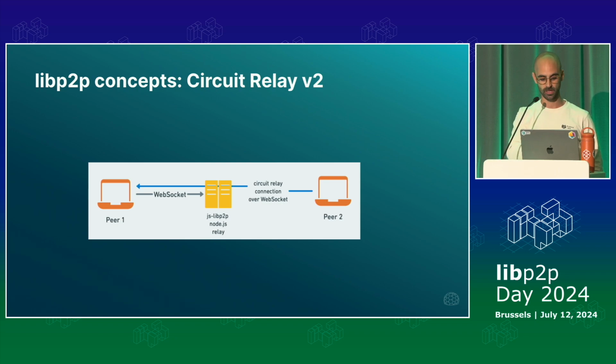So that means peer 1 connected to this relay, and then suddenly anyone in the libp2p network can connect to the relay peer and have the traffic routed to peer 1. Of course, because it's circuit relay v2, it's resource constrained, so it's time and bandwidth constrained, but it's just good enough in order to do this signaling, this SDP exchange.